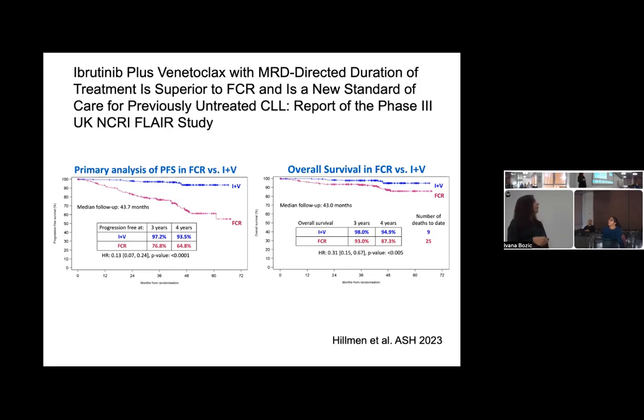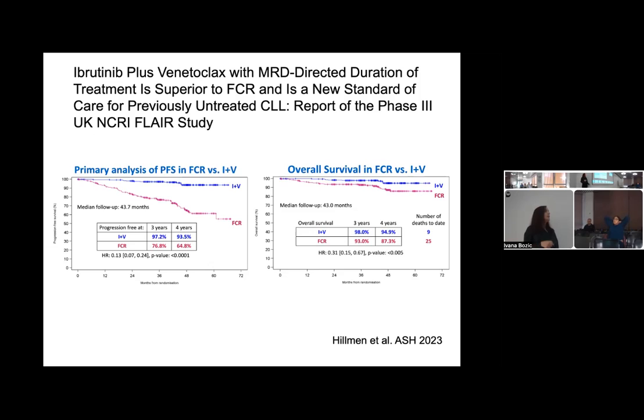And what is even more interesting for a mathematically oriented audience interested in cancer, in this study, they actually directed the duration of treatment, or personalized it for each patient, based on whether the patient had minimal residual disease or not, and at which point it stopped having any evidence of disease.